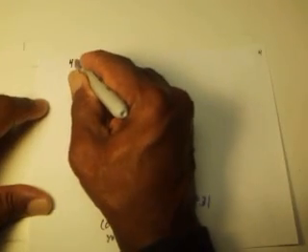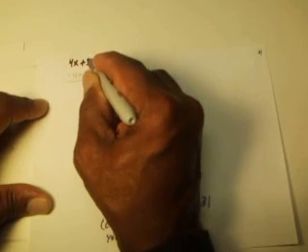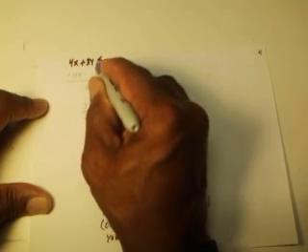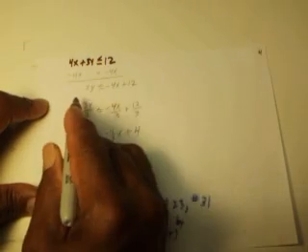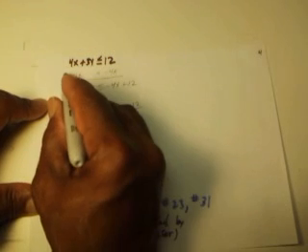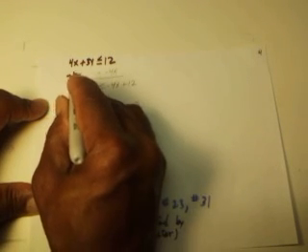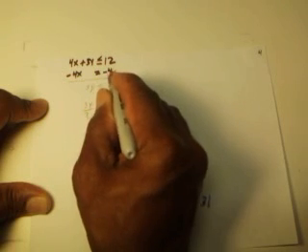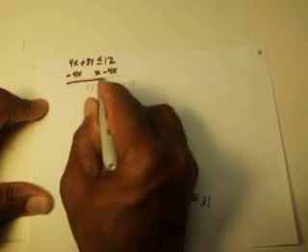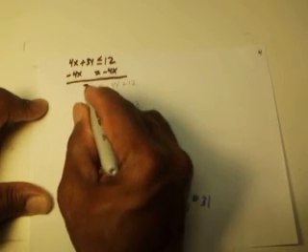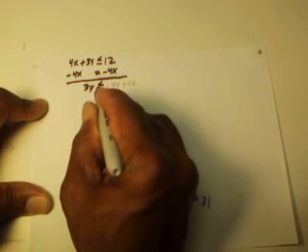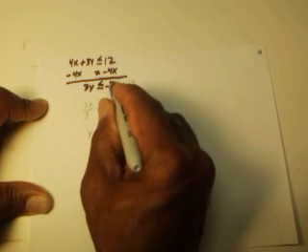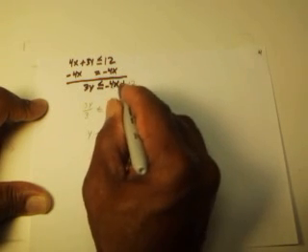The equation is 4x plus 3y is less than or equal to 12. To solve that for y, I subtract 4x from both sides. And when I do that, I get 3y is less than or equal to negative 4x plus 12.